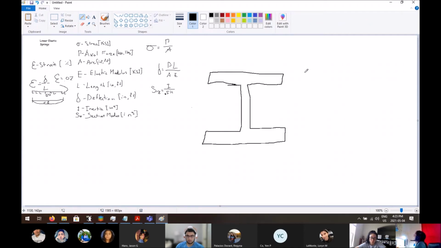So remember, we're gonna calculate inertia, right? So inertia of a rectangle. You can see those wide flange beams can be divided into 3 rectangles relatively easily. You have this one right here, this one down here, and this one in the middle.